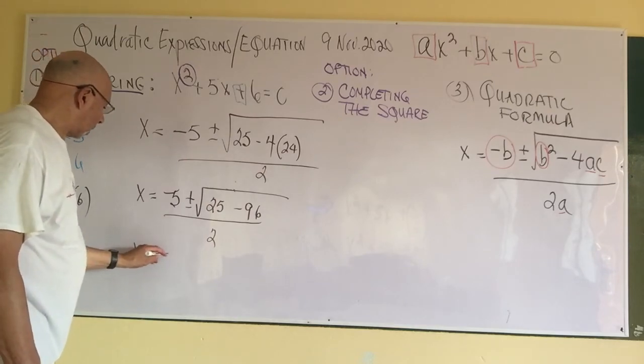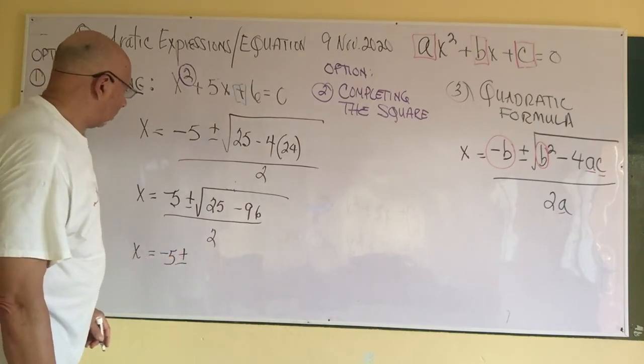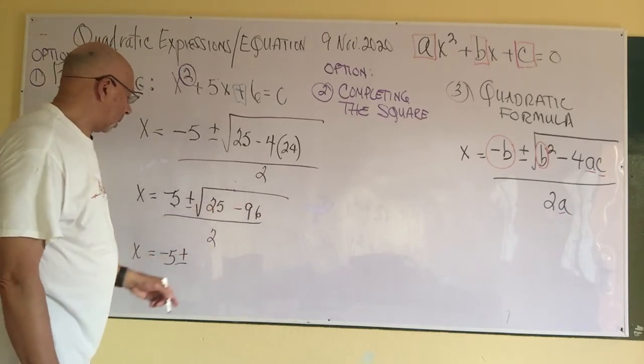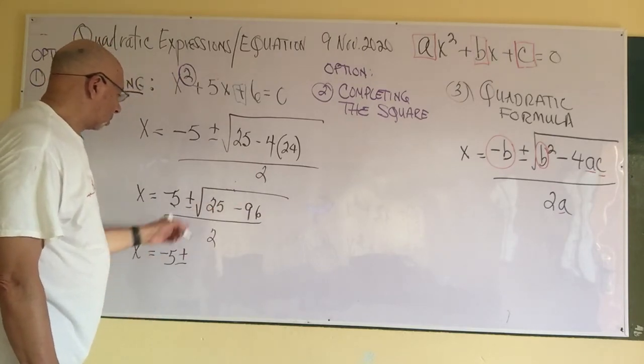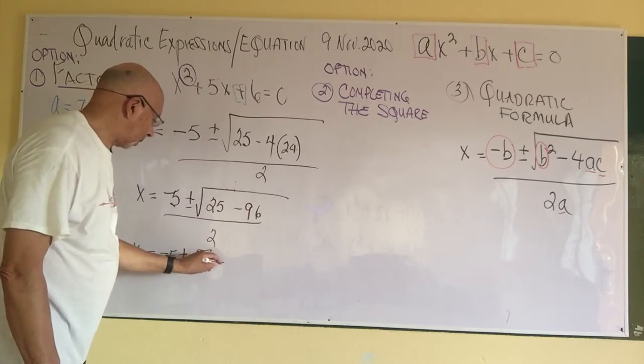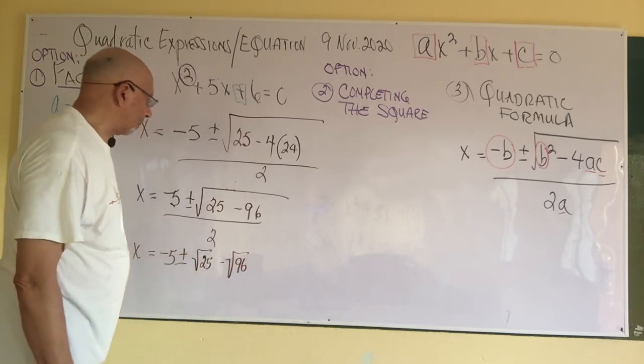X equals negative 5 plus or minus. Now what if I took this square root and made two square roots out of it, like plus or minus 25, take away square root of 96, I don't know.